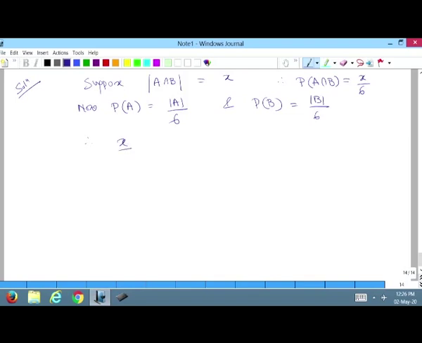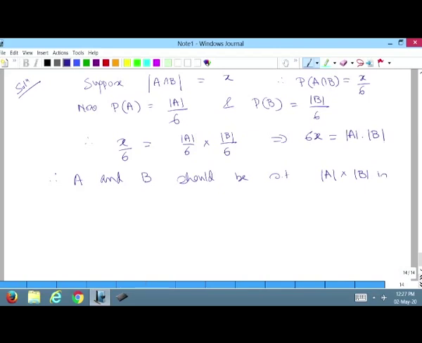Therefore, x by 6 is equal to cardinality of A by 6 times cardinality of B by 6, which implies 6x is equal to the cardinality of A times the cardinality of B. Therefore, A and B should be such that the cardinality of A times the cardinality of B is a multiple of 6.